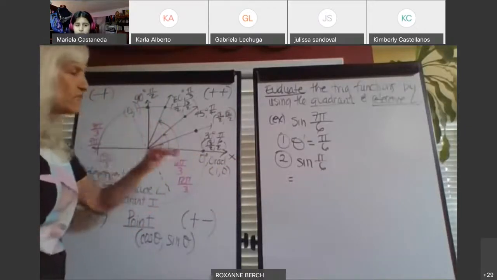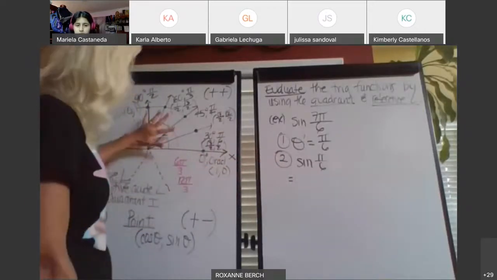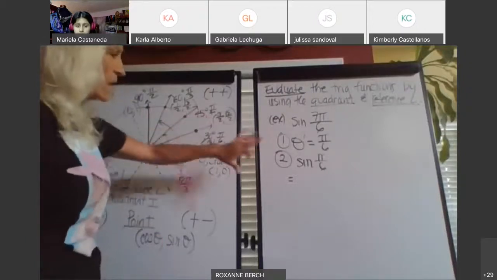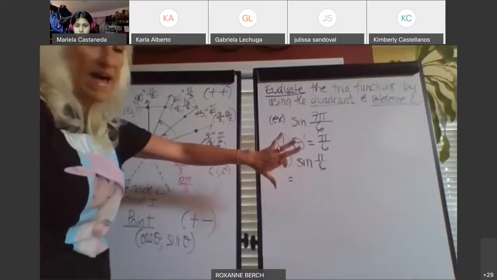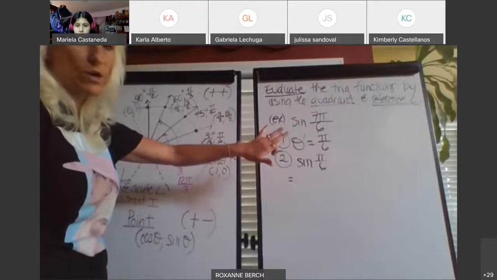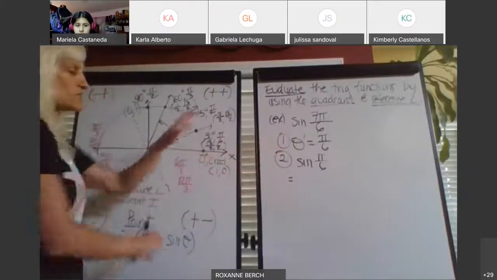So if the unit circle is divided into 6 parts, pi over 6 is here, right? So what is the y value of pi over 6? It's not radical 3 over 2, it's 1/2.